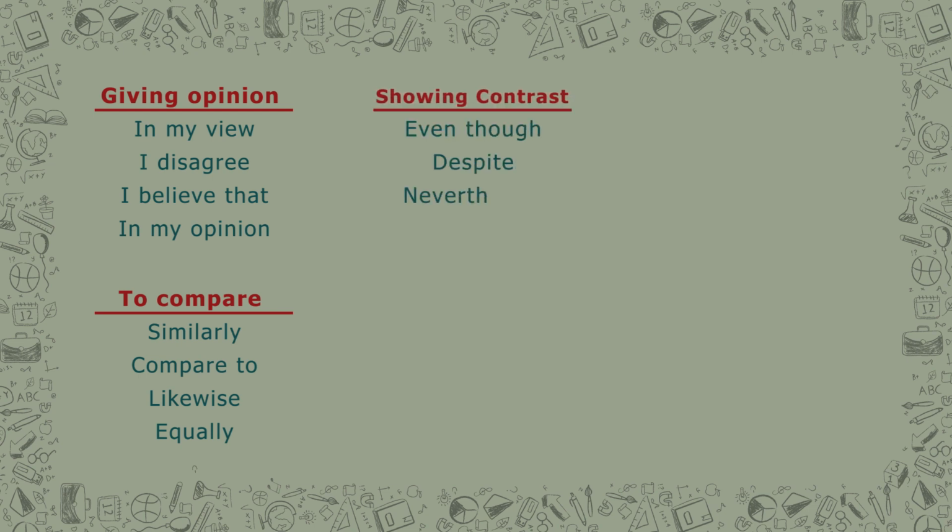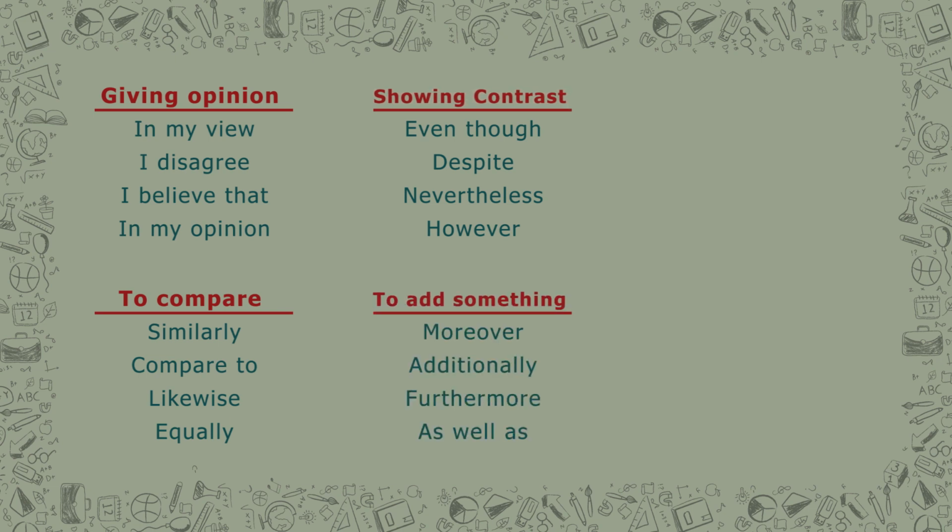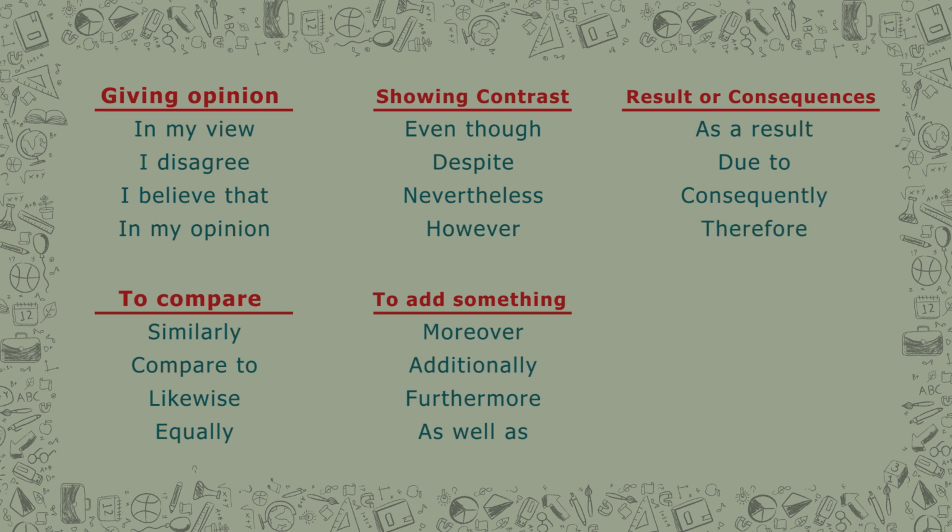These are examples of cohesive devices. For giving opinion, you can say, in my view, I disagree, I believe that, in my opinion. To compare, you can use similarly, compared to, likewise, equally. Showing contrast, you can say even though, despite, nevertheless, however. To add something, you can use moreover, additionally, furthermore, as well as. For result or consequences, you can use as a result, consequently, therefore.